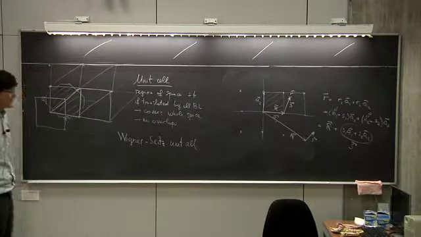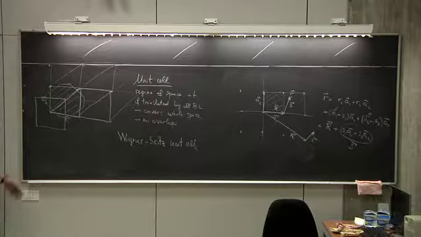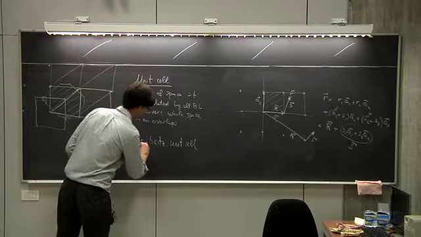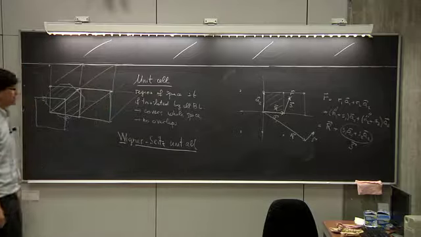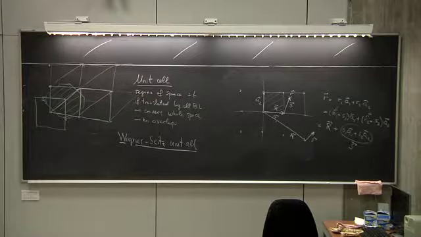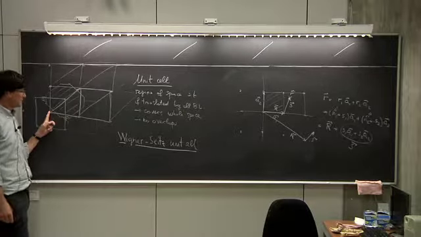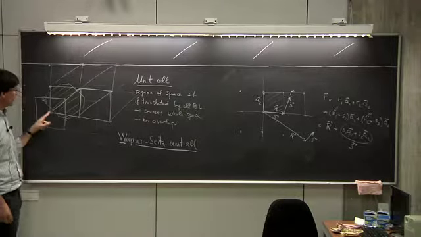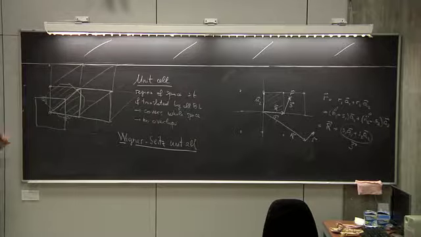Now, that brings me to the concept of the Wigner-Seitz unit cell. It's yet another definition of the unit cell. And what does it say? Well, I choose as a unit cell the set of all vectors for which the origin is the closest Bravais lattice point.